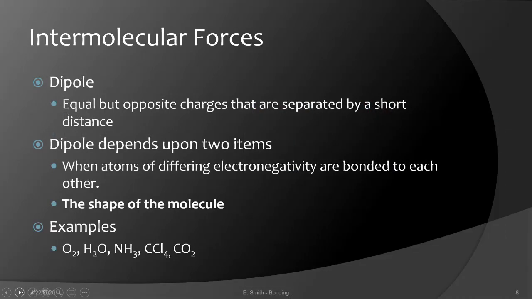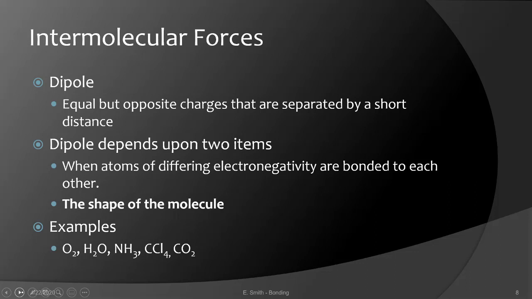Okay, so a dipole, by definition, is equal but opposite charges that are separated by a short distance. Okay, dipole depends upon two things. When atoms of differing electronegativity are bonded to each other, and the shape of the molecule. That is the key.